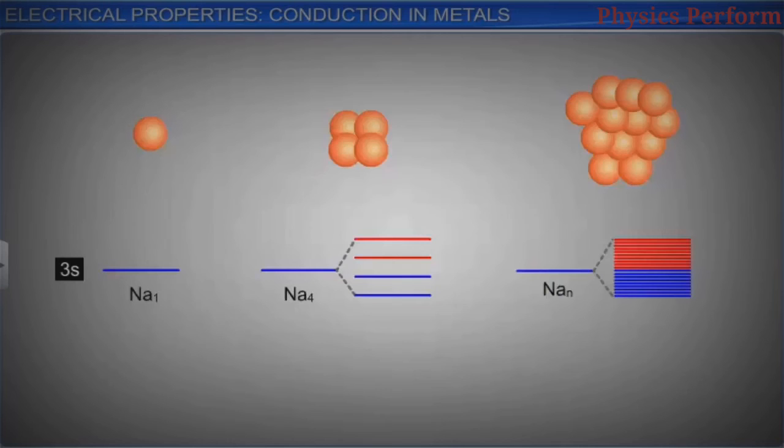This leads to a band of molecular orbitals of almost a continuum of energy. The band that holds the valence electrons is called the valence band. The other band, which is slightly higher in energy and is formed by the overlap of atomic orbitals, is called the conduction band.